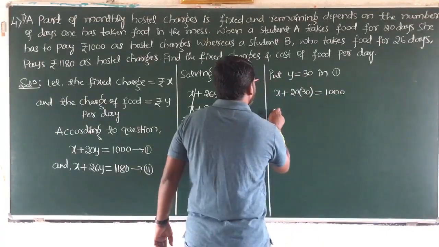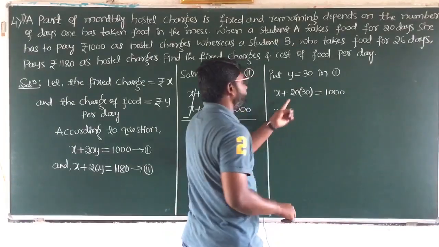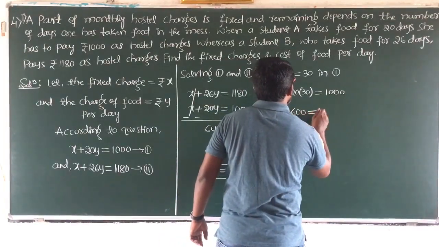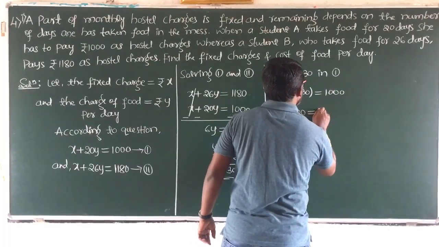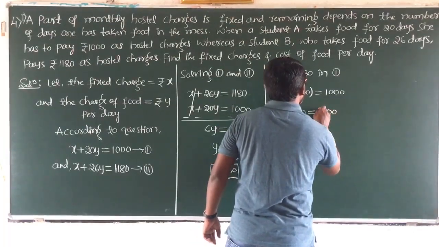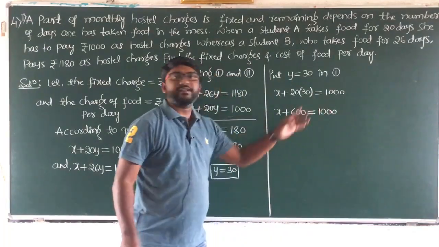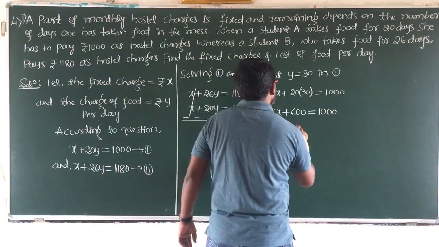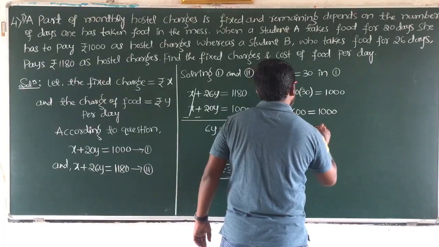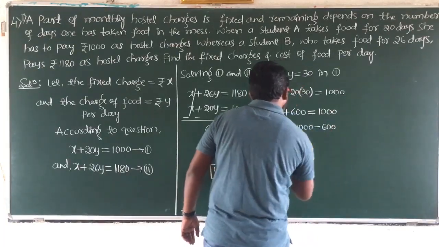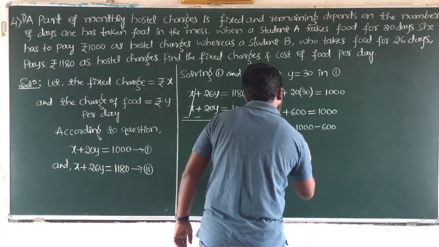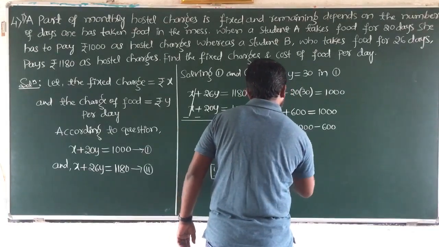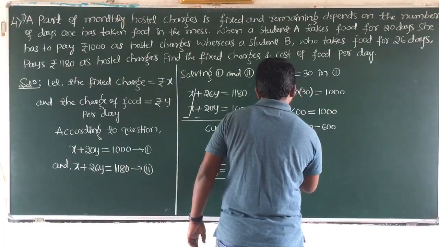So x plus 600 equals 1000. Now take 600 to the RHS, it becomes minus 600. So x equals 1000 minus 600, x equals 400.